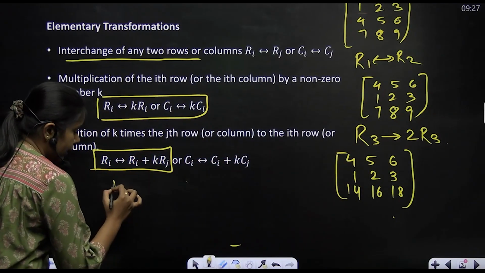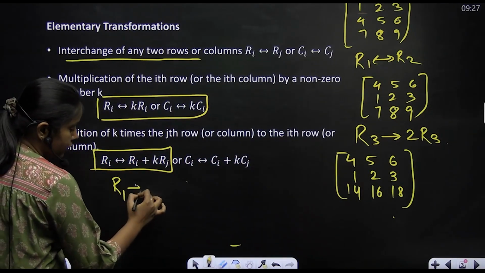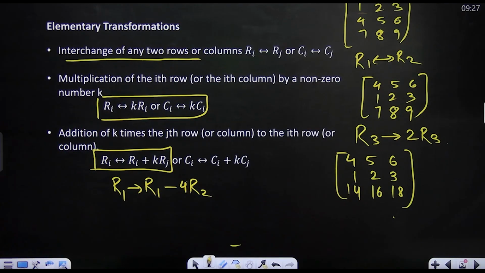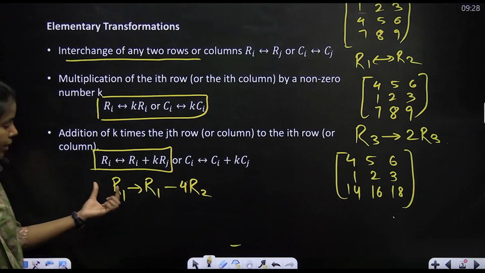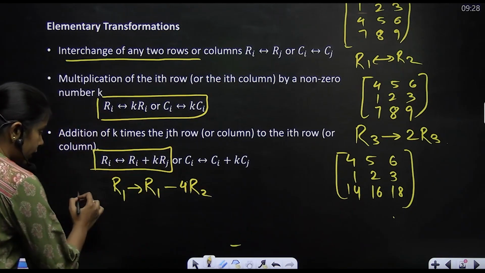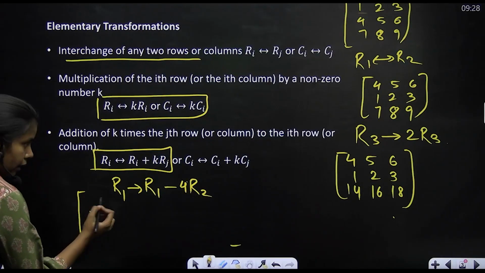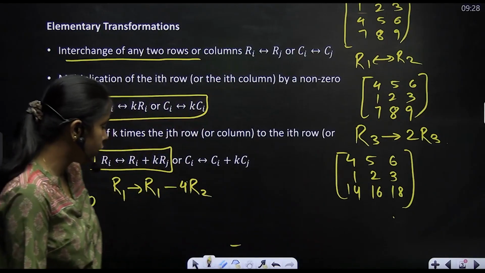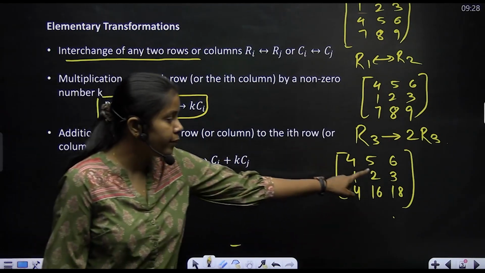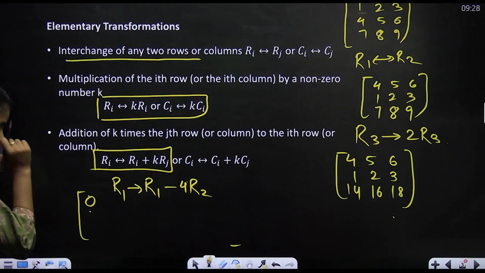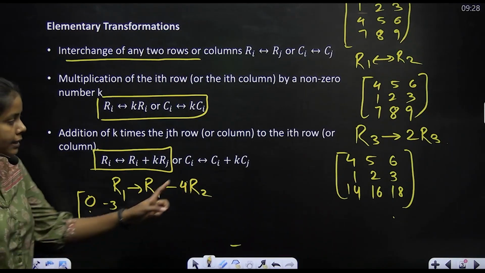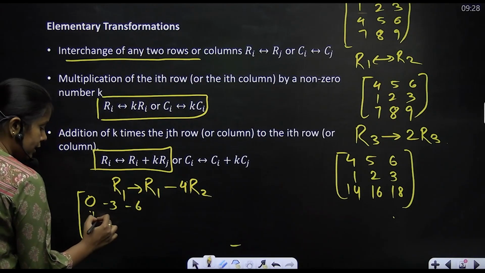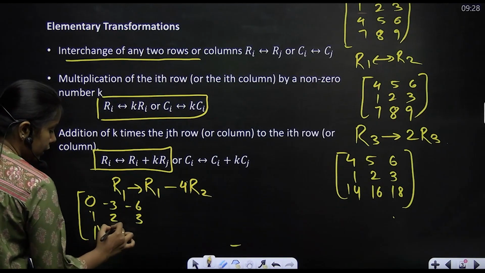Let's suppose I write R1 goes to R1 minus 4R2. I am applying this operation in general, making a change in R1 with the help of R2. What would I get? The first entry: 4 minus 1 into 4, that would be 0. Then 5 minus 2 into 4, that is 5 minus 8, minus 3. And 6 minus 3 into 4, 6 minus 12, that would be minus 6. Everything else remains as it is: 1, 2, 3, 14, 16, 18.